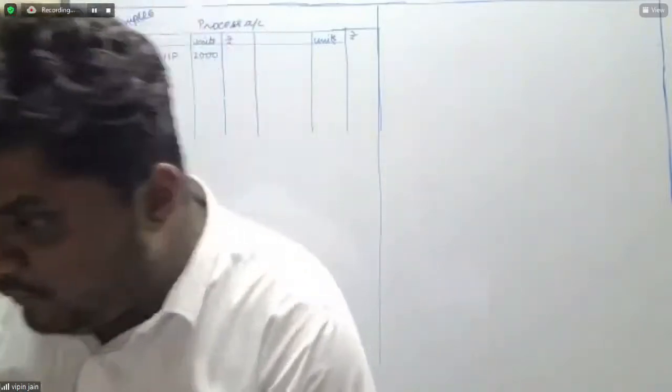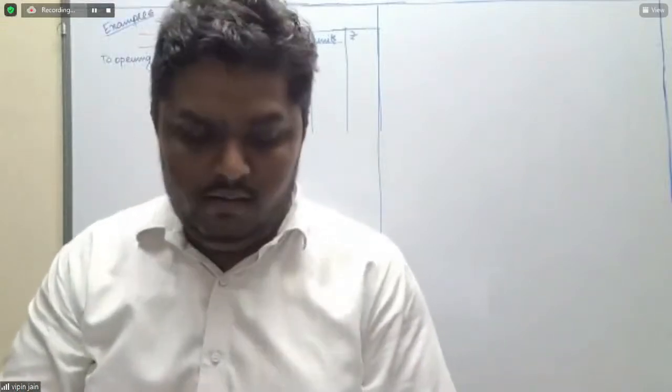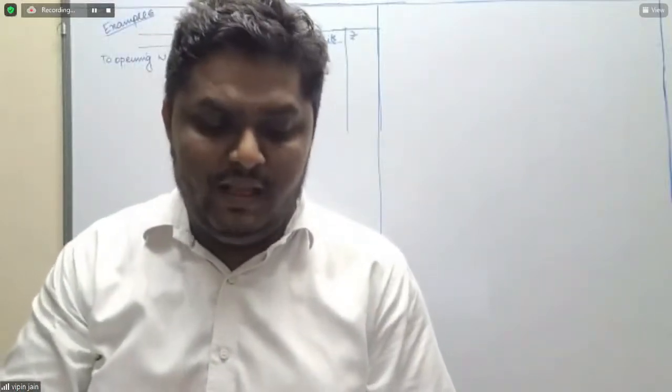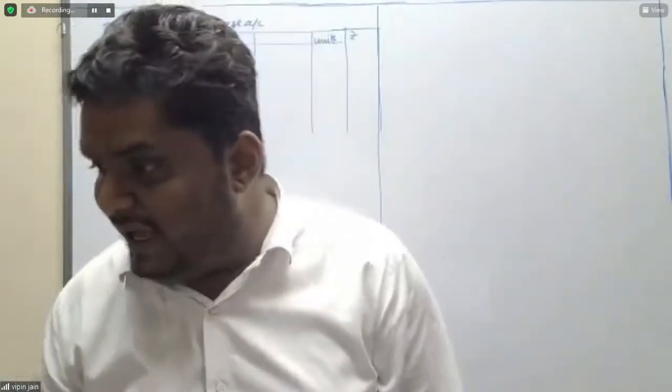The total cost of opening work in progress is 80,000 plus 15,000 plus 45,000, that is total 1,40,000.